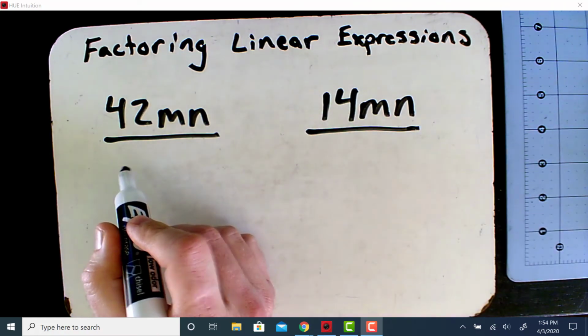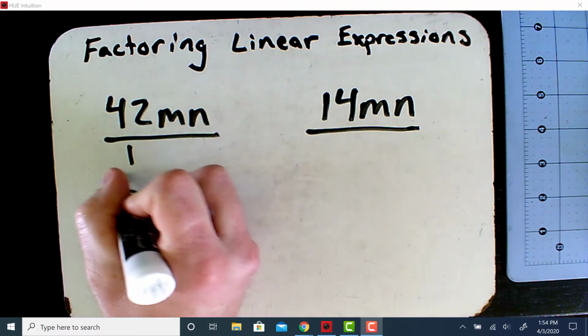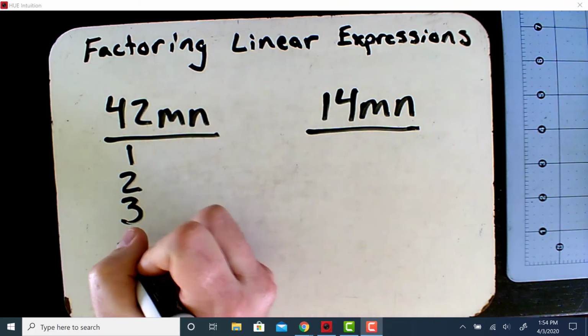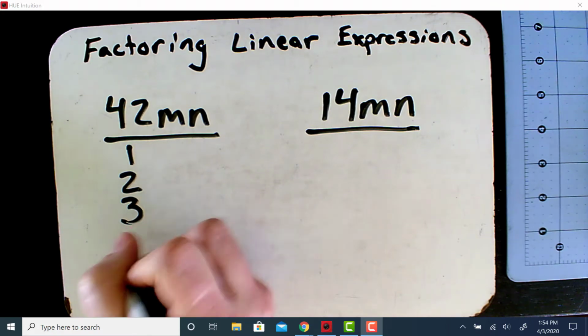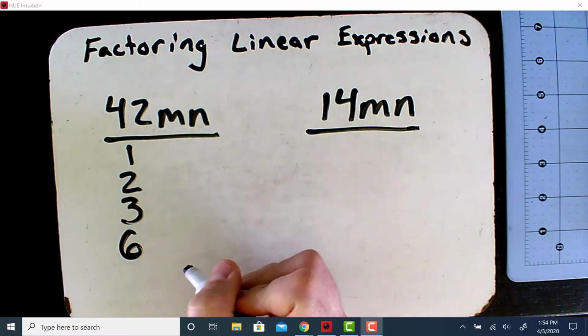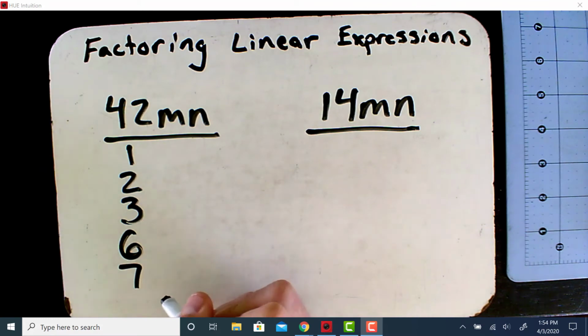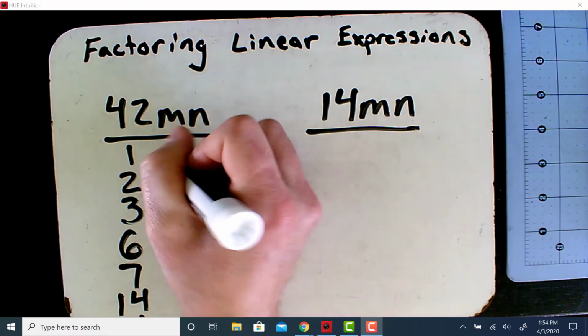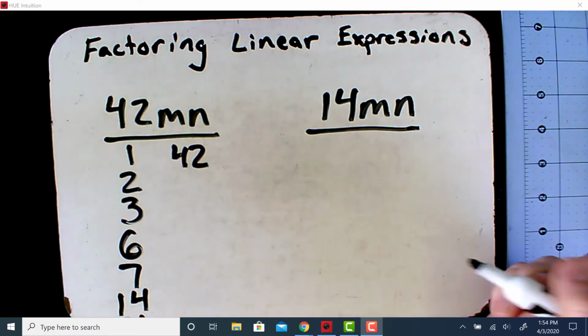So let's start with working the numbers. I've got 1, 2, 3, let's see, no, 4 won't, 5 won't, 6, yes, 6 does, and 7 does, 8 doesn't, 9 doesn't, 10 doesn't, 11, 12, 13, no, 14, yes, and let's see, 21 and 42 are my factors.